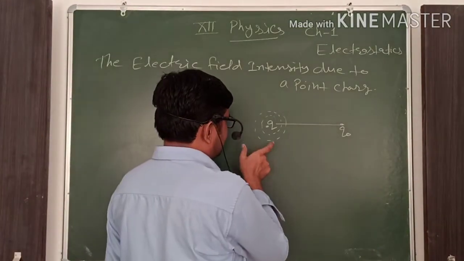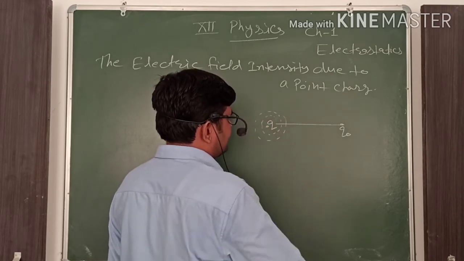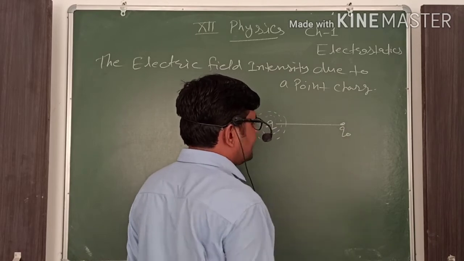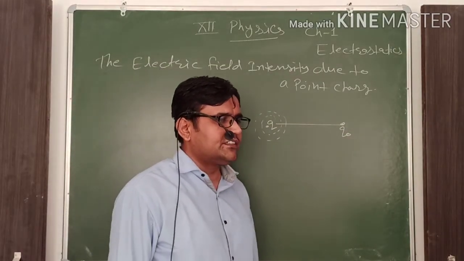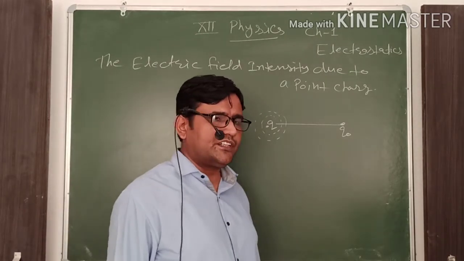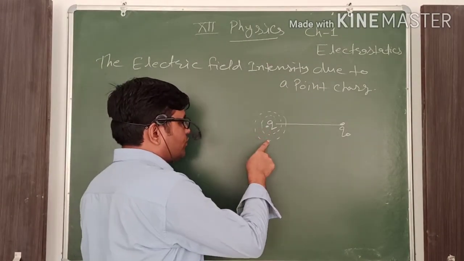Now we are trying to calculate the electric field due to this particular point charge, and it is calculated with the help of this test charge Q naught. Earlier we discussed the nature of Q naught: it is positive, and the nature of the source charge is also positive.